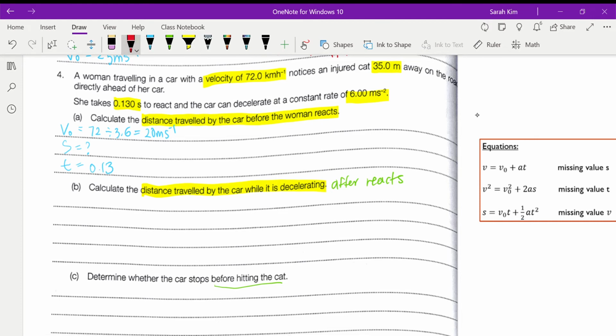So my equation is V equals S over T, so that's just what I use. And I can rearrange that to S equals V times T. So I simply go S equals 20 times 0.13, which is 2.6 meters.